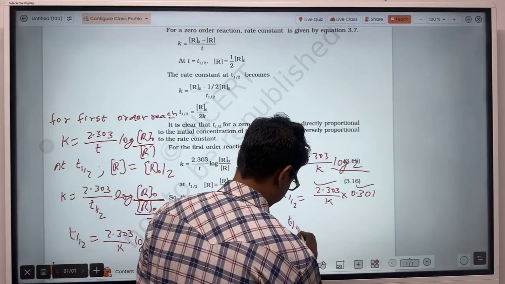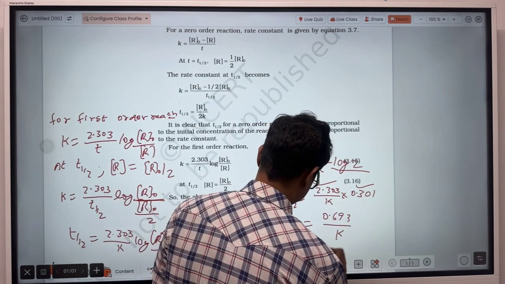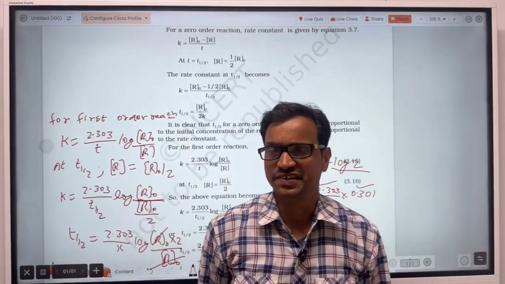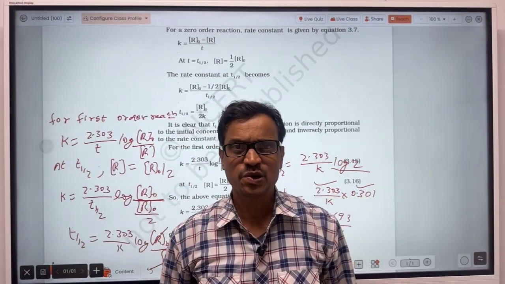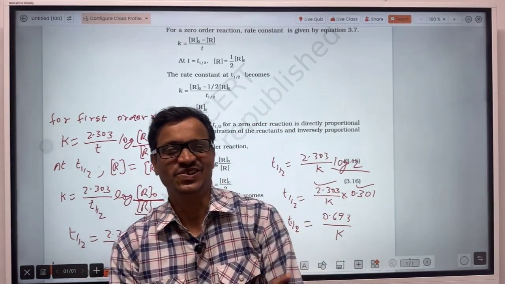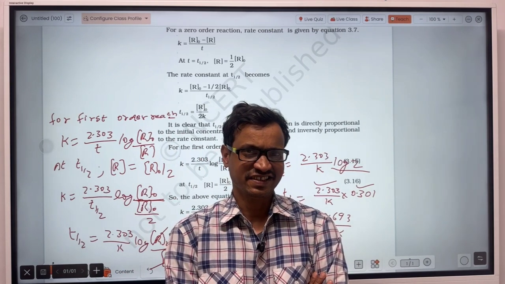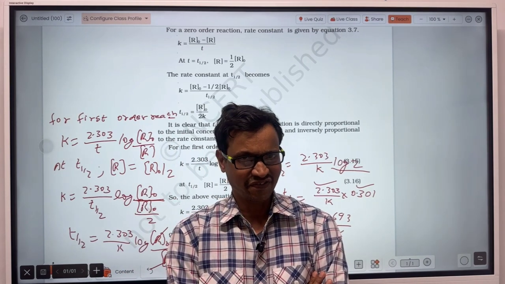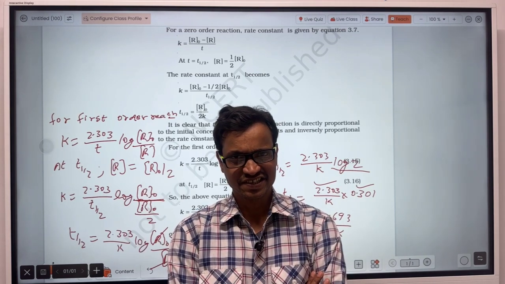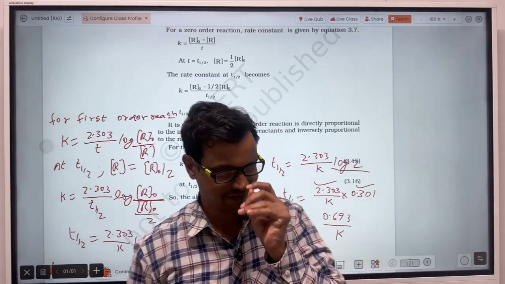So T half will be equal to 0.693 upon K. Watch out, in case of radioactive disintegration, you get the same formula. So radioactive disintegration is an example of a first order reaction.